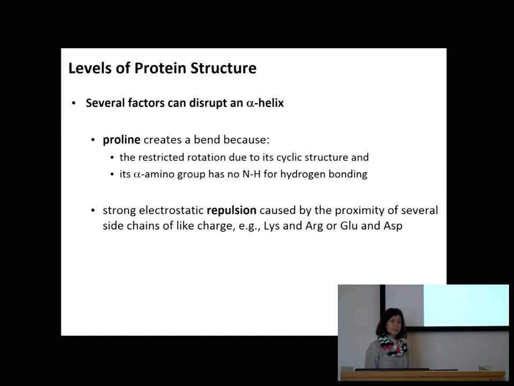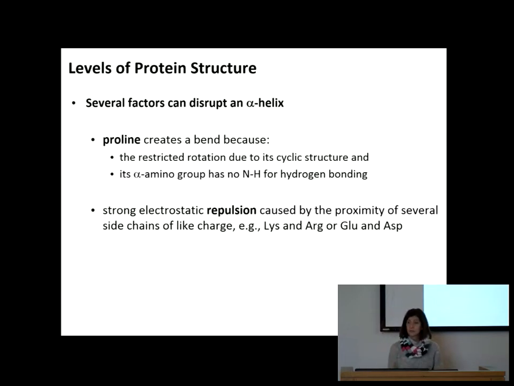So 2 basic groups at physiological pH 7.4 are going to be positively charged. 2 acidic groups at physiological pH are going to be negatively charged. So if you have 2 negatively charged or 2 positively charged side groups that are close to each other, they are going to repel each other, and they're going to kind of travel away from each other, disrupting that nice helix.